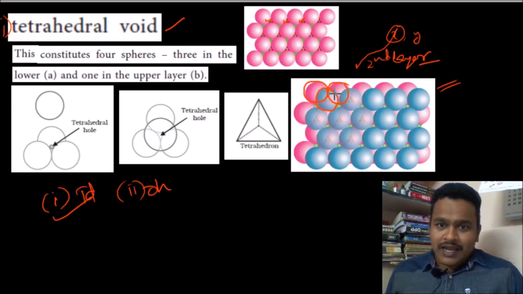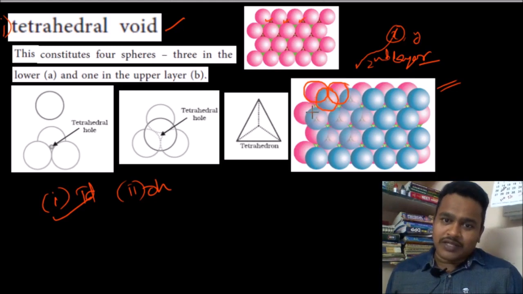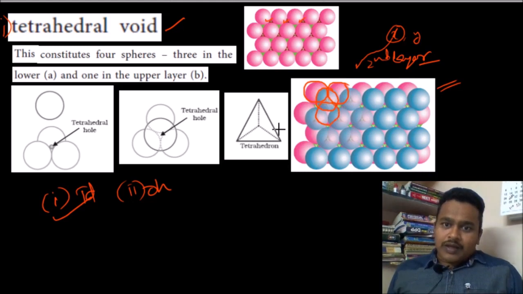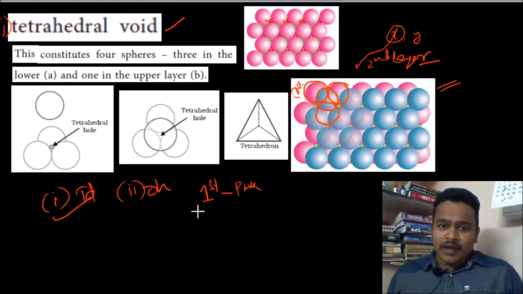These three combined give one gap, an X gap. Already that void is formed, you see. And one more blue, and one more pink color. Pink means first layer spheres. These are all first layer, the first layer spheres shown with the pink color.